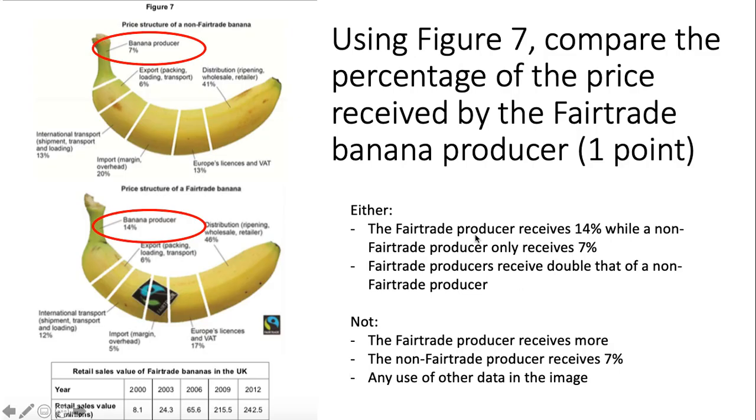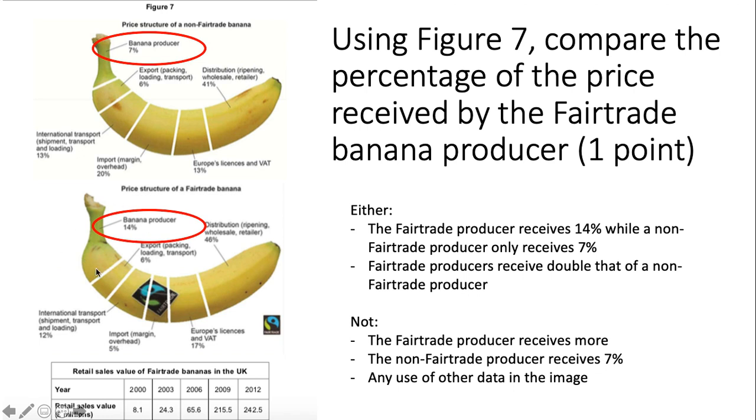Okay, figure 7. Again, we had a few issues with this image where a few people weren't able to see it really clearly. Using figure 7 to compare the percentage of the price received by the fair trade banana producer. So this is a fair trade banana down here. It's got a fair trade sticker.